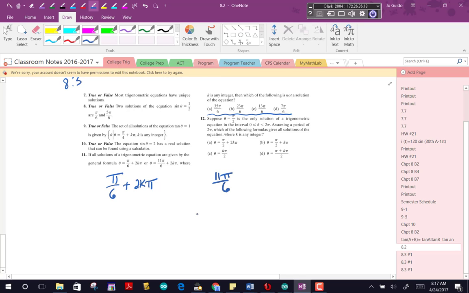Okay. So you could do it two different ways. You could start with pi over 6 and then add multiples of 2 pi. Think about the fact that our denominator is 6. So if we want to add multiples of 2 pi, we want to have the same denominator.